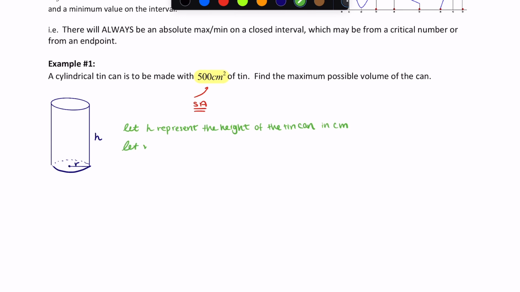We'll let r represent the radius of the base of the tin can in centimeters.